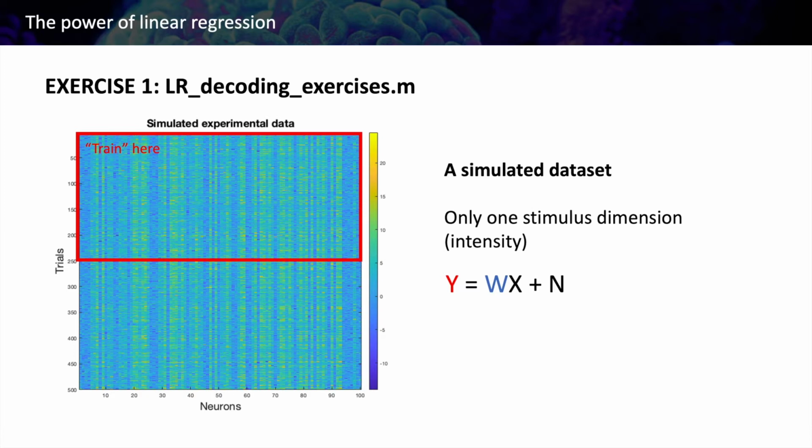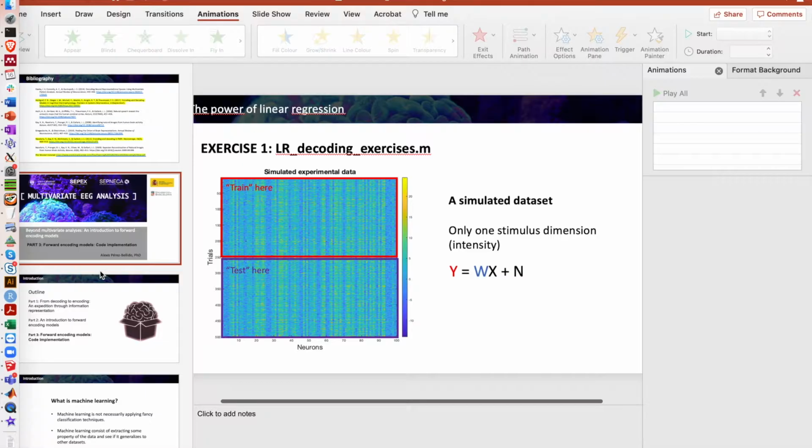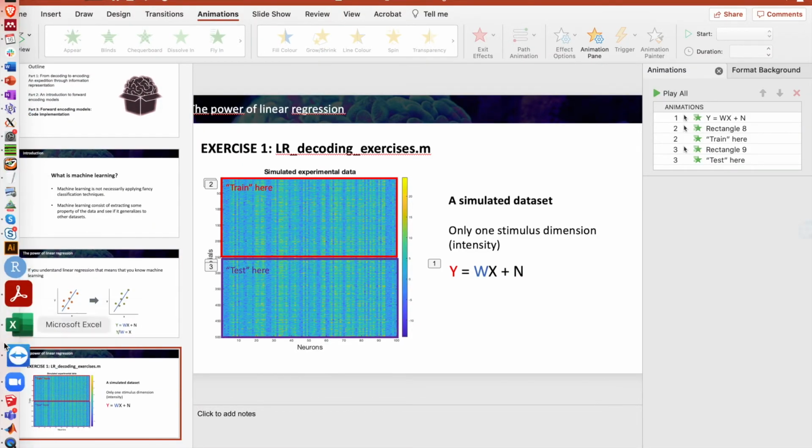What we will do in our exercises most of the time is train a linear regression equation for each neuron, and then see which of these neurons extrapolate the learned weights to a new, complementary data set, the test data set. Maybe we can take a brief look at the MATLAB code.